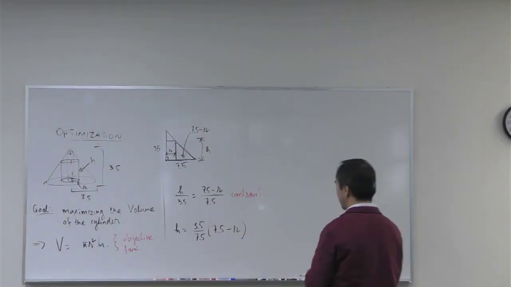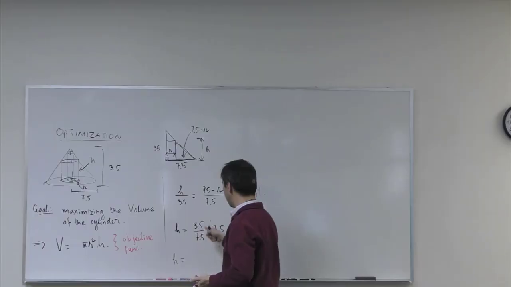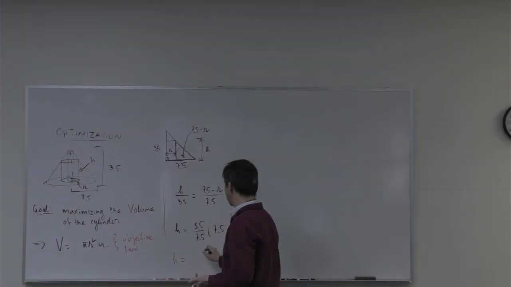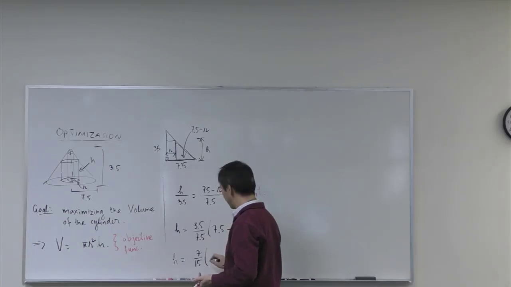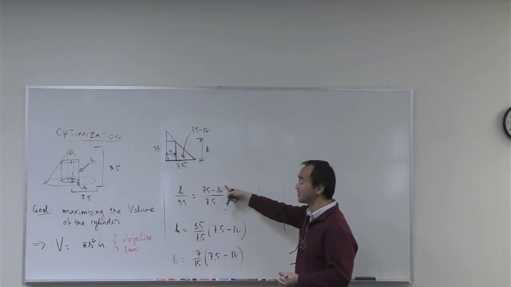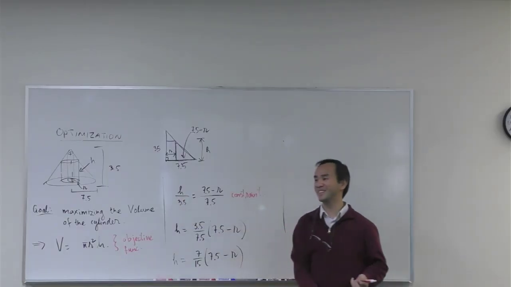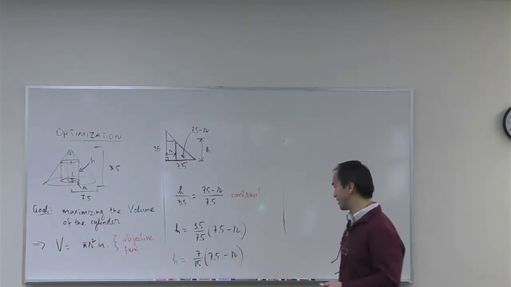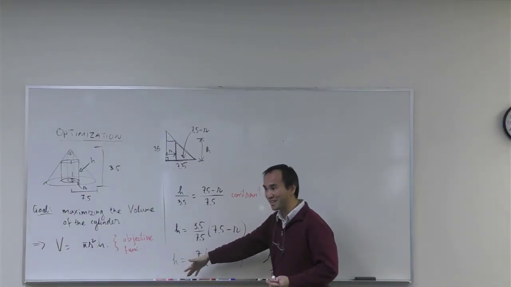That's, after reduction, about 7 out of 15, if I did my math right, times 7.5 minus r. Meaning you're trying to solve for r here, right? Yes, you can also do that. It's just me, I see it's already quite ready for solving for h. You can also do that. So allow me to take my route here; you guys follow with that, but on your own time you can restart this problem and solve for r.